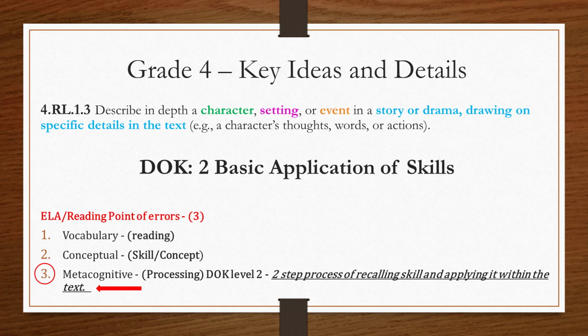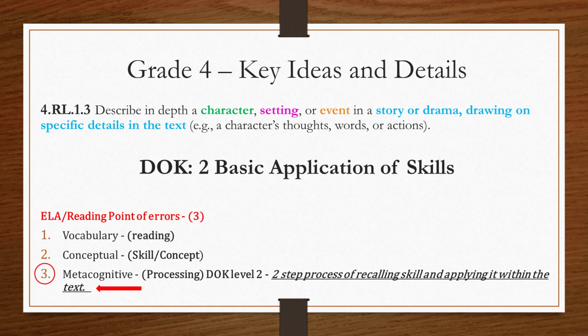The color coding as pictured on screen is used to represent each of the skills and/or concepts that the student has to know to acquire mastery for this standard at the grade level. This will assist during the explicit instruction process, ensuring that the teacher has taught the entire standard, at the appropriate level of DOK and with a differentiation process after the teacher has assessed and unpacked that data to identify the point of error.